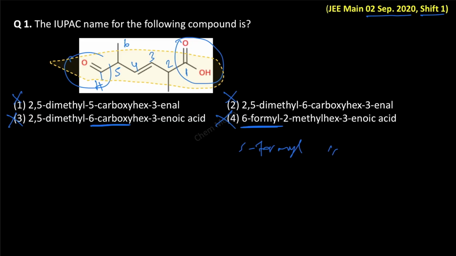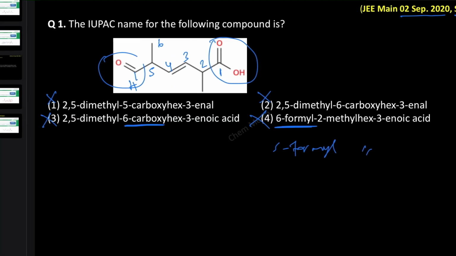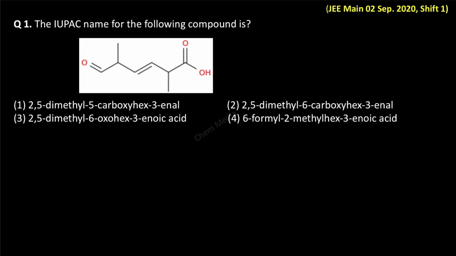We cannot choose this as our parent chain. That is wrong. And by the way, I have seen one more option for this question where it was written as 6-oxo. We cannot call it oxo because we don't have a ketone here. We have an aldehyde. So therefore we have to call it formyl. Of course, that option would generate the same structure if we write it this way, but this name is wrong.